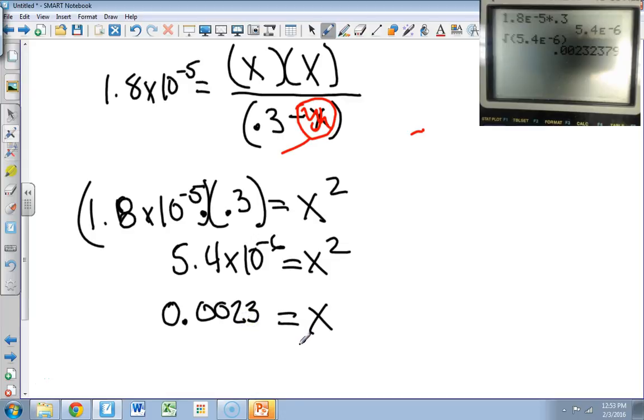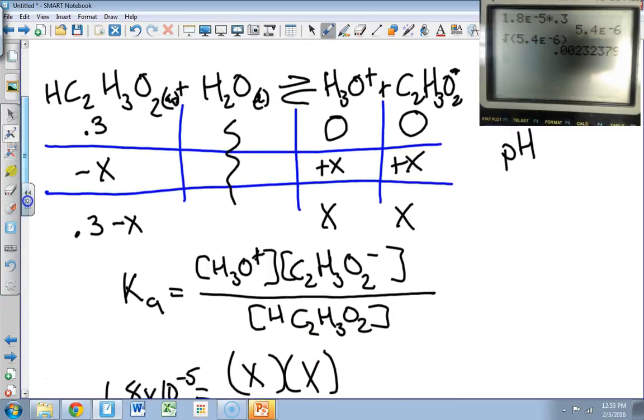When I take the square root, we get x equals 0.0023. Now, that x, if we look up here, is equal to the concentration of H3O plus and the concentration of the acetate ion, C2H3O2 minus. It is not equal to this equilibrium concentration, but we can figure that out.